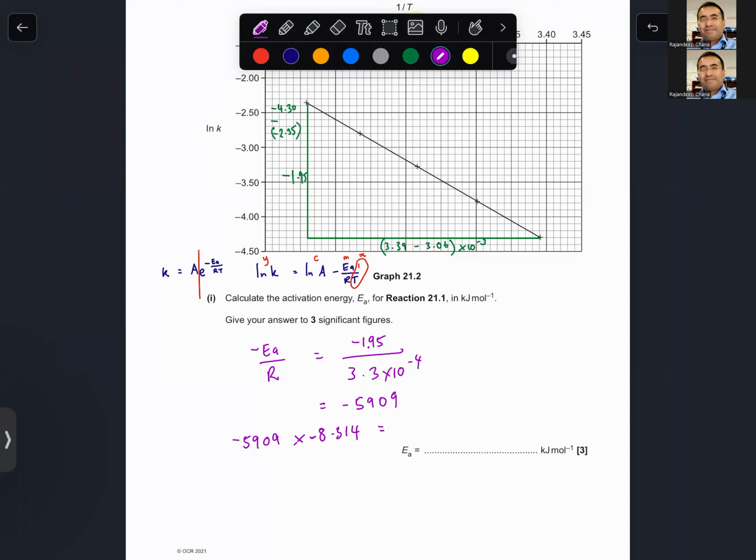That gives you 49127.426. And you see, this answer is actually in joules per mole, but we want it in kilojoules per mole. So we divide the whole thing by 1,000. That would give us 49.1 kilojoules per mole.